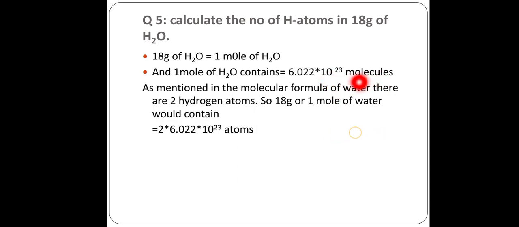So, in the formula, how many hydrogen atoms are there? It is 2 hydrogen atoms, H2. So, as mentioned in the molecular formula of water, there are 2 hydrogen atoms. So, 18 grams, or 1 mole of water, would contain 2 into 6.022 into 10 raised to 23 atoms, and you have to calculate the answer, and the answer would be 1.204 into 10 raised to 24.